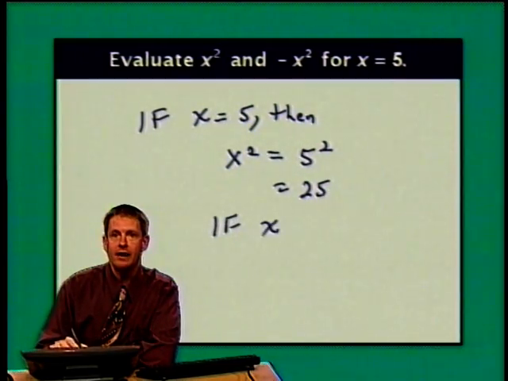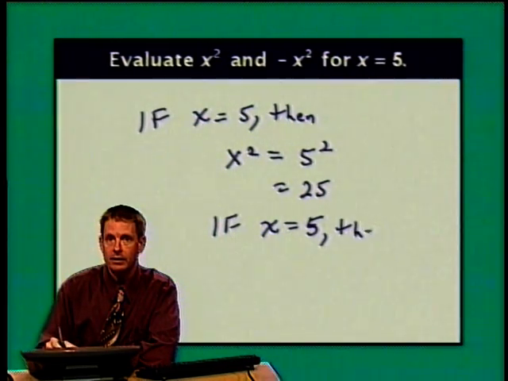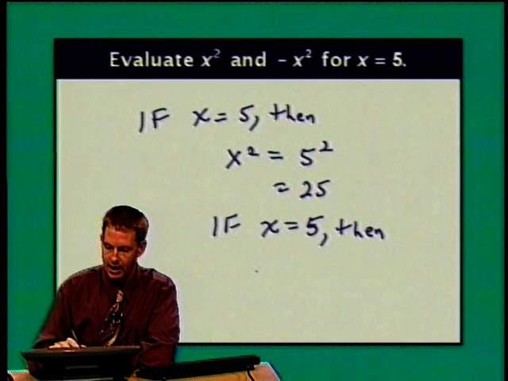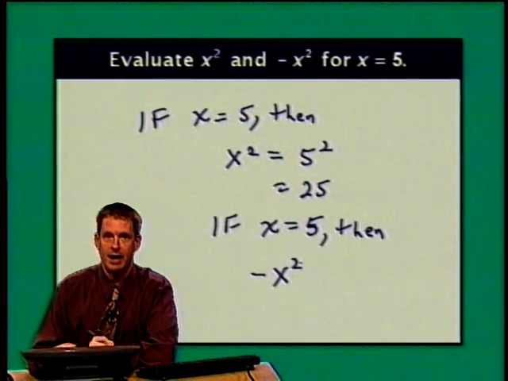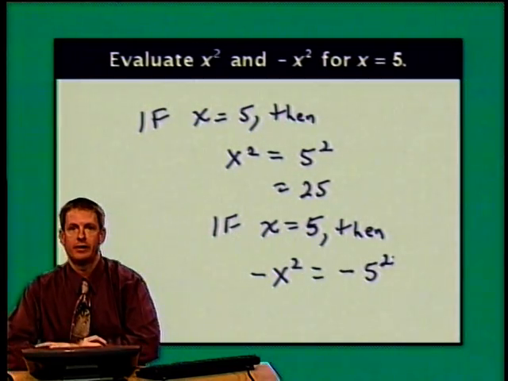If x equals 5, then the expression opposite x squared equals the opposite of 5 squared.